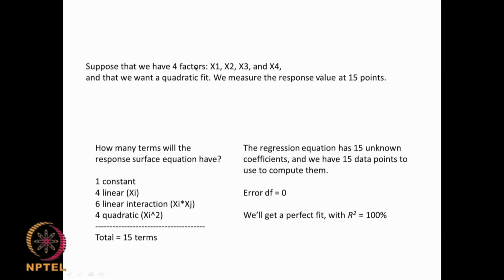So, suppose we have 4 factors x1, x2, x3, x4, and we want to fit a quadratic fit. That means it will have a plus b x1 plus c x2 plus d x3 plus e x4, and then f x1 x2, g x1 x3, h x1 x4, i x2 x3, j x2 x4, k x3 x4.